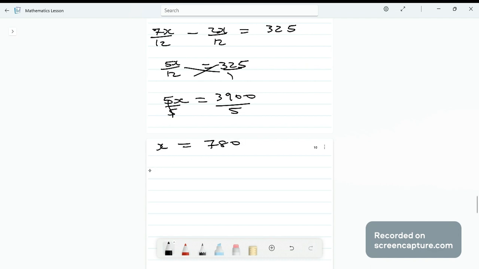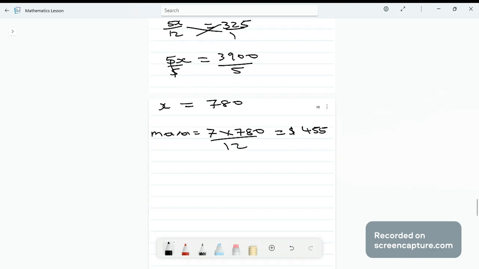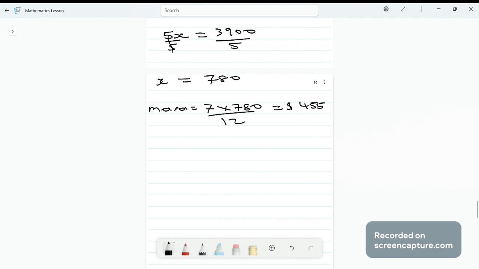All right. Starting off with Mara, because that is what the question wanted us to find in the different conditions. So 7. We now have to write back our x. We can write 780 over 12. Mara will get an amount of 455. All right, so we're going to test, comparing Mara and Leslie, if it will be $325 more.